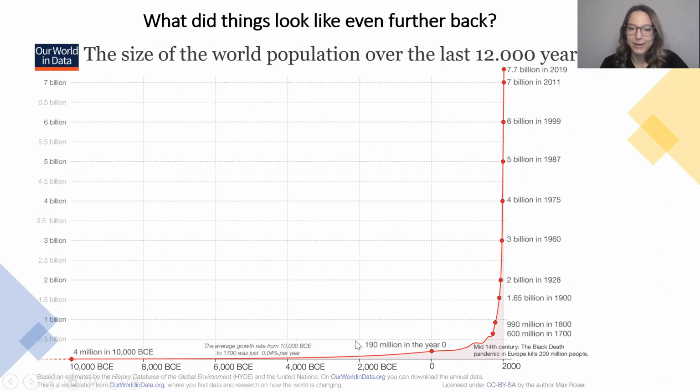It never really got above that 500 million mark. We didn't surpass that point until after the last big pandemic, the Black Death, which killed a significant portion of the human population. So things didn't really take off until the 1700s, when we started to experience this really intense exponential growth.